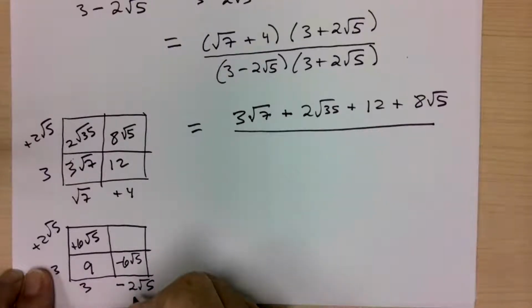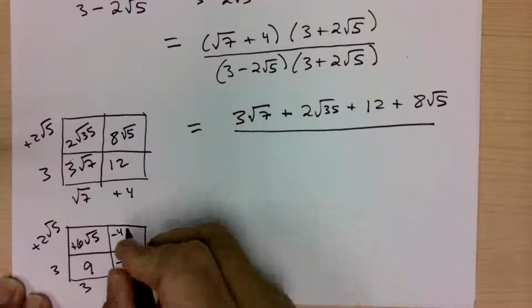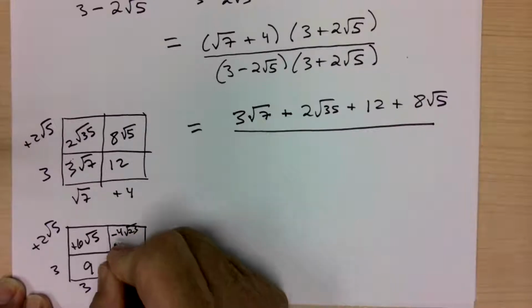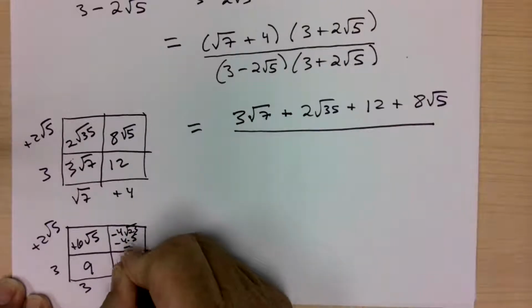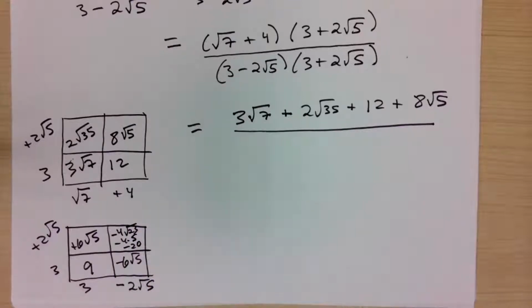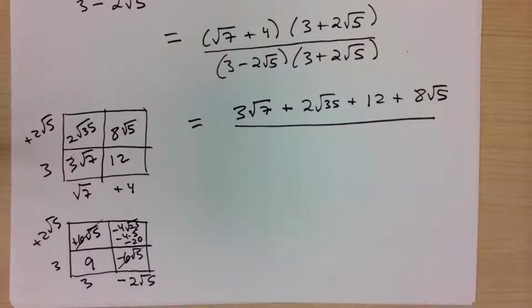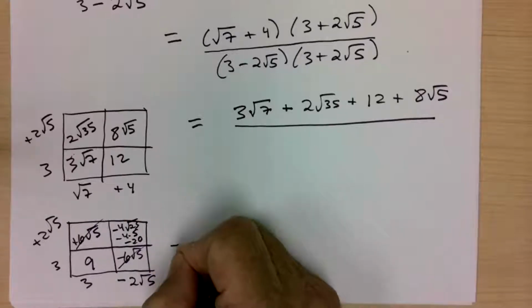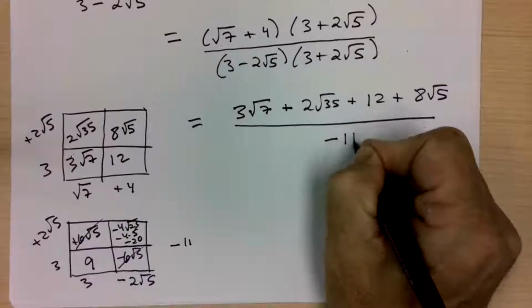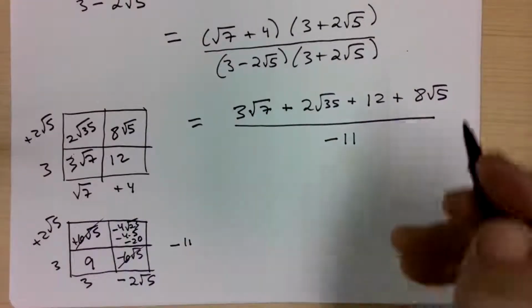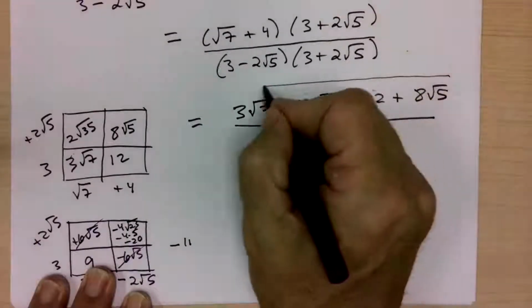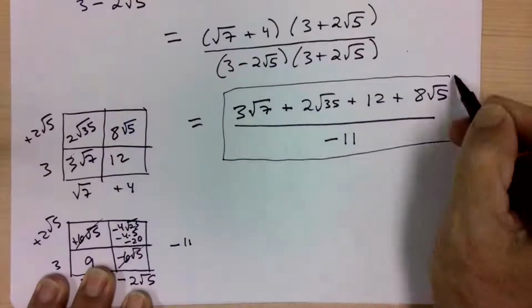Positive 2 times negative 2, negative 4 root 25, which is negative 4 times 5, which is negative 20. So if all this is put together, the 6 root 5 and the negative 6 root 5 go away, and I have 9 plus negative 20. 9 plus negative 20 is negative 11. So on the bottom of all this, we get negative 11. And that's our answer to that problem.